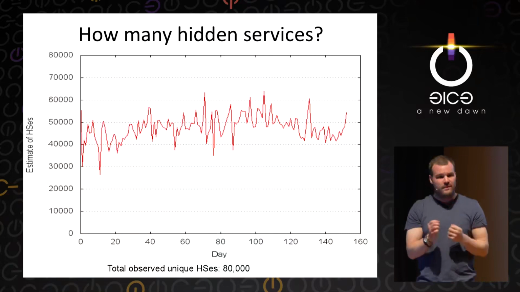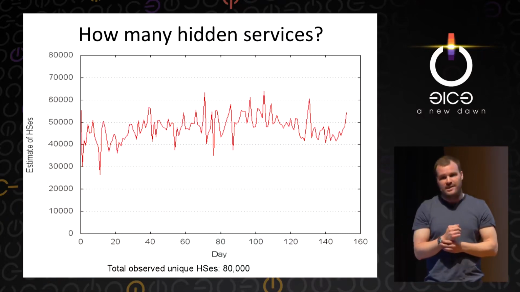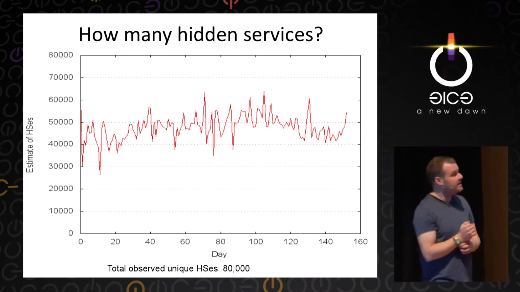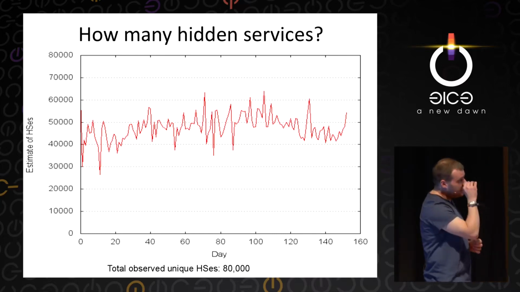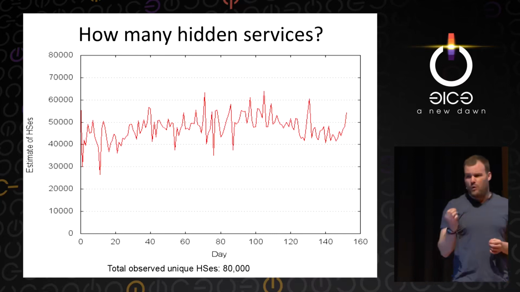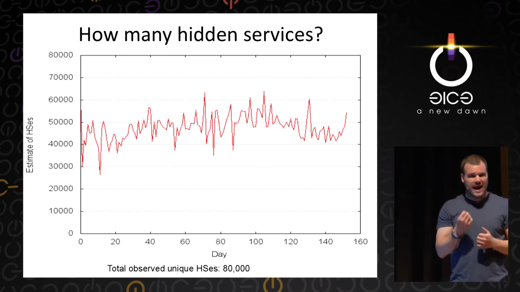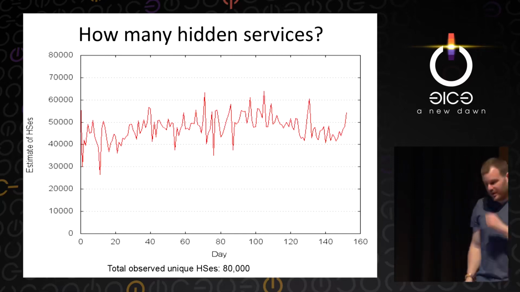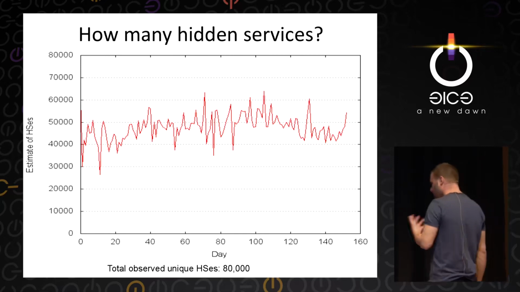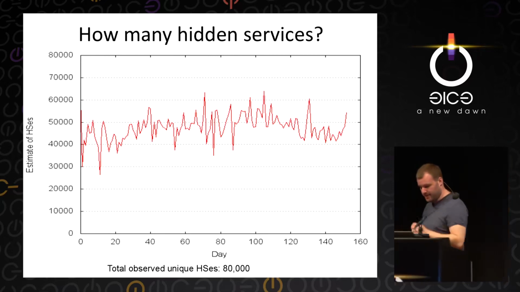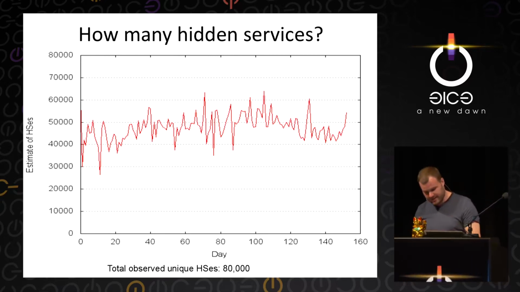So we're only observing a very small proportion of the total publications and requests every single day for each of those hidden services. Now if you take the long-term average for this, there's about 45,000 hidden services that we think were present on average each day during our entire study, which is a large number of hidden services. But over the entire length, we collected about 80,000 in total. Some came and went.